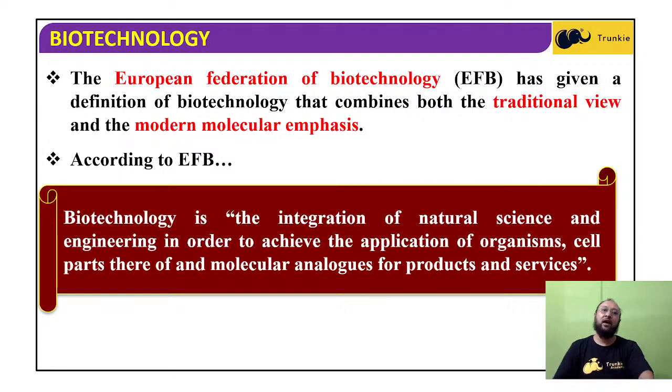Biotechnology is the integration of natural science and engineering in order to achieve the application of organisms, cells, parts thereof, and molecular analogs for products and services. This is one of the best definitions. That means the joint integration of natural science with biology or other branches of science and engineering.